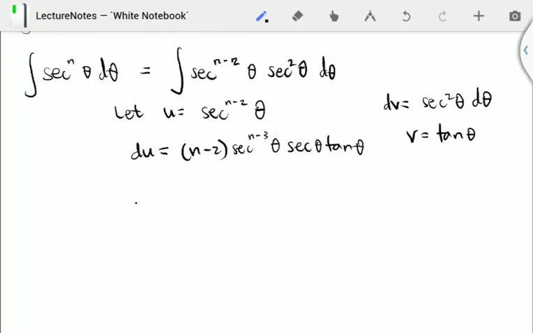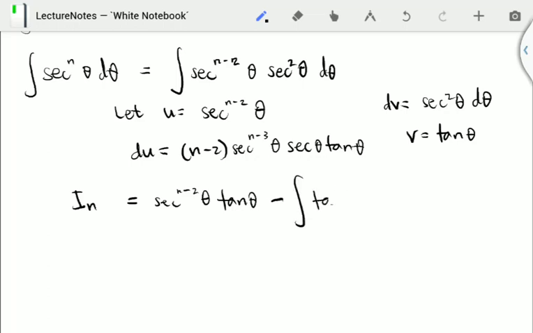So now, the entire integral will become, according to integration by parts, so let's call this entire integral I sub n. So when we say I sub n, it means the indefinite integral of sec raised to the power n. That's what we're gonna call it. So integration by parts, uv: that is sec to the n minus 2 theta tan theta minus the integral of v du.